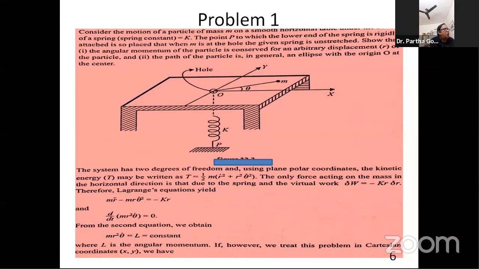Suppose I have origin O, I have a particle at some point with position vector R, and the particle has linear momentum P. Then angular momentum of the particle about the point O is defined as R cross P. It is the cross product of R and linear momentum vector P. That means the angular momentum vector will be perpendicular to the plane determined by the position vector R and the linear momentum vector P. I think all of you know that cross product AB is perpendicular to the plane determined by the vectors A and B.